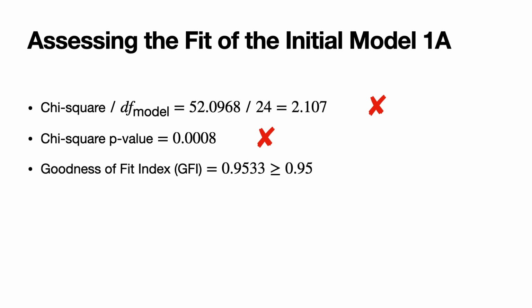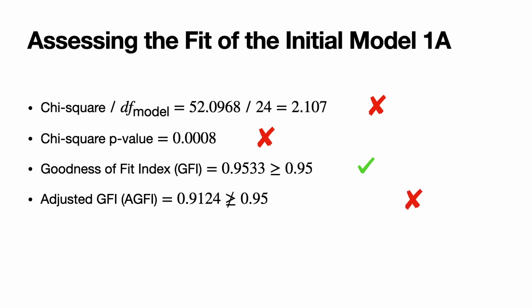Now the goodness of fit index, the GFI, at 0.9533 is larger than the midpoint 0.9, so that's a good thing. That would indicate a model that fits well. However, we've got these other indices that don't paint a very good picture. The adjusted GFI at 0.9124 is not greater than or equal to 0.95, and so again that indicates a poor fit.